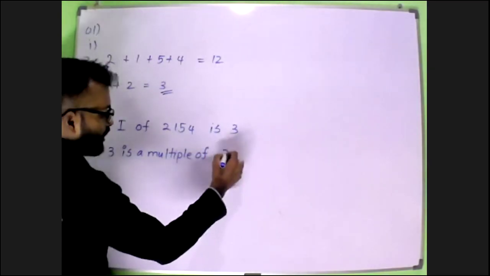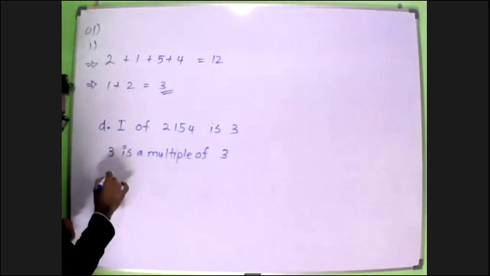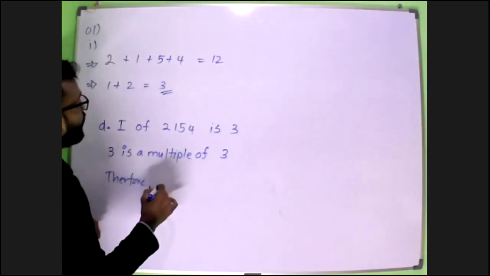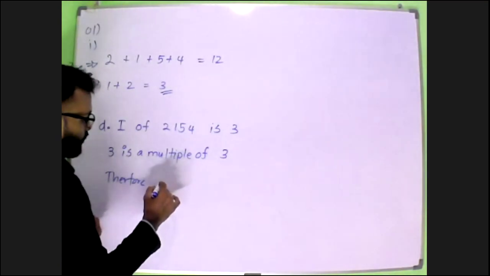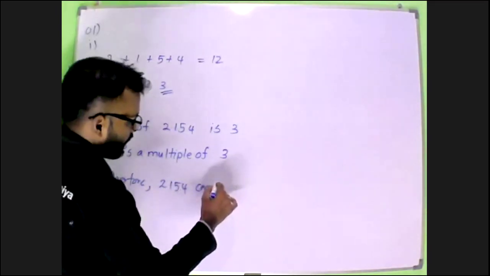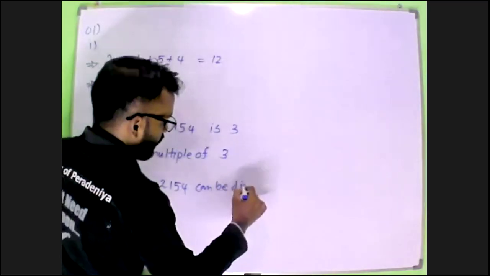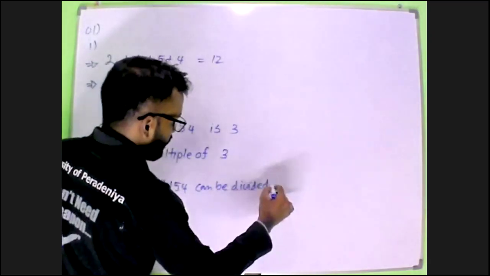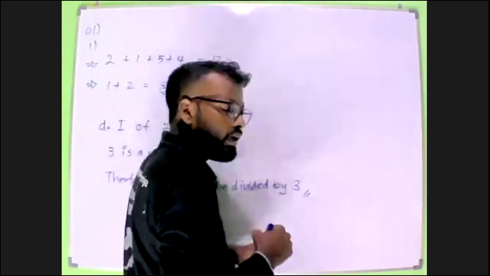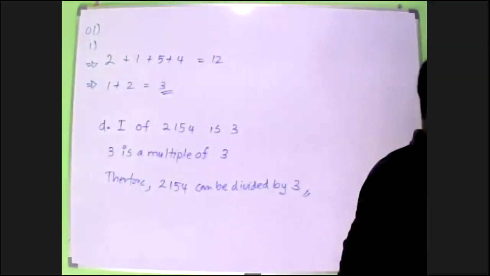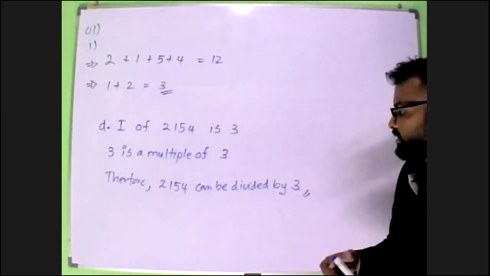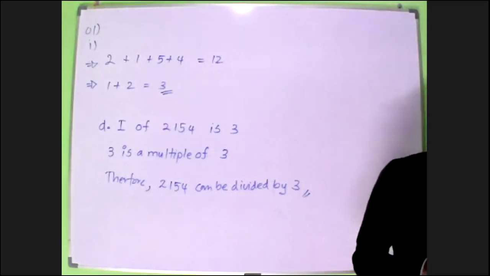Therefore you can write, therefore 2154 can be divided by 3 because the digital root can be divided by 3. Divisible by 3, right?